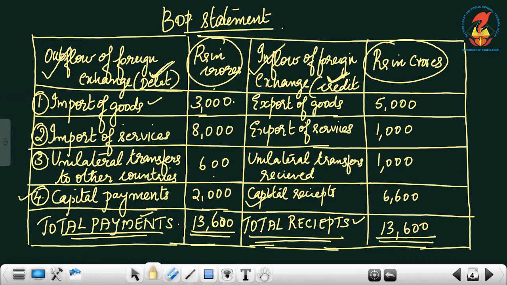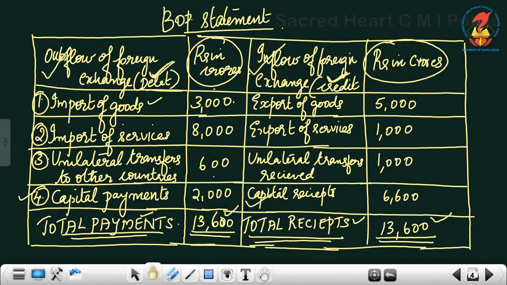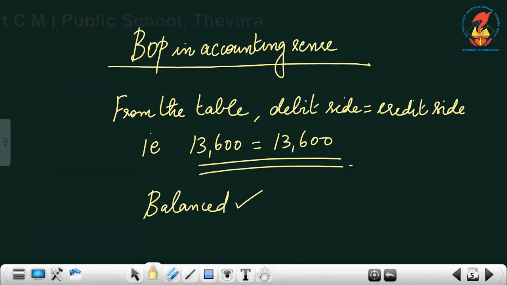What did you understand from this? Both the sides are equalized. That is what I have written here: balance of payment in accounting sense. This is accounting sense, right? Because we have represented both debit side as well as credit side, and the total given for the payment side and the receipt side is 13,600. So, in an accounting sense, balance of payment is balanced.